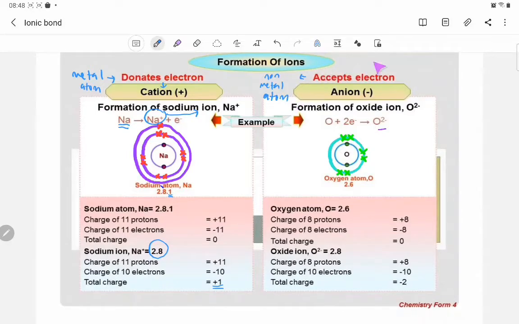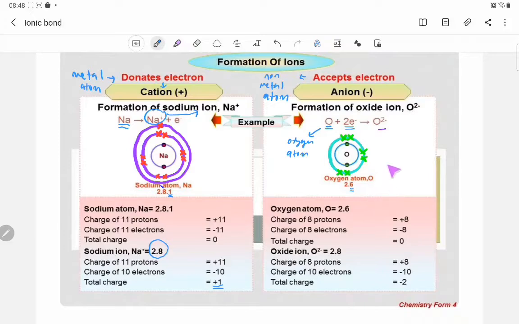So we see the example of formation of oxide ion. As you can see here, we have oxygen atom, where oxygen atom receives 2 electrons, since the valence electron of oxygen atom is 6, which means that the oxygen atom requires 2 more electrons to achieve stable electron arrangement.